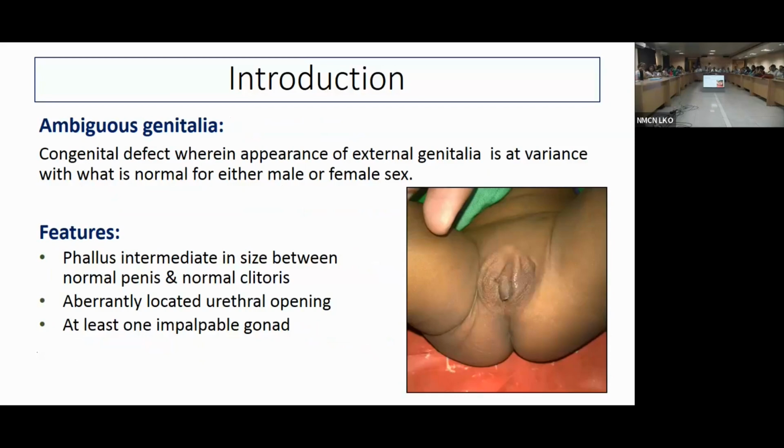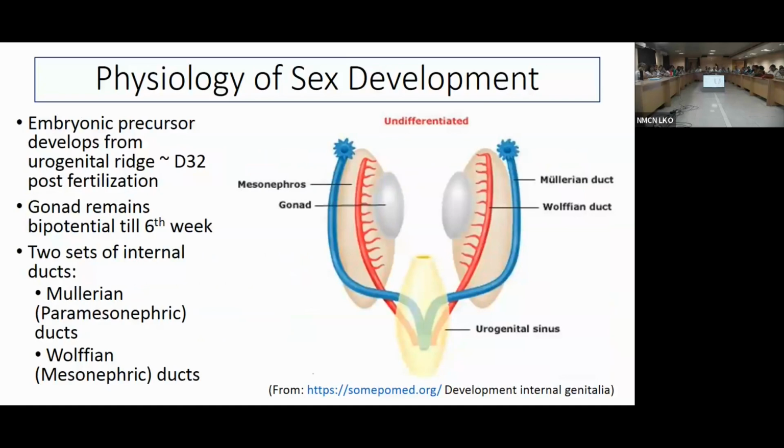So any one or more of these features could be present. The phallus could be intermediate in size between a normal penis and a normal clitoris. You could have an aberrantly located urethral opening, or in an apparently male individual, you can have at least one impalpable gonad.